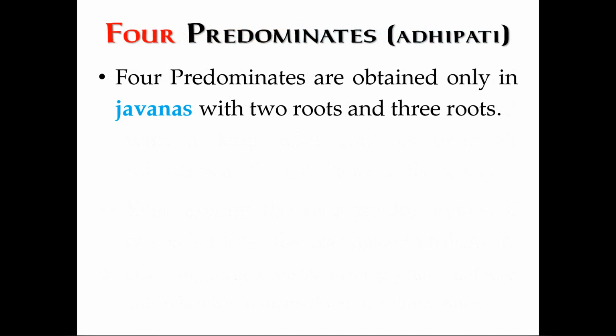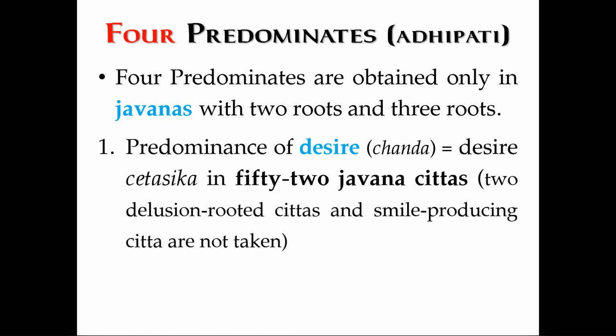Four predominances are obtained only in javanas with the 2 roots and 3 roots. Actually, we have learned about this in the 7th chapter. So we have 4 predominances. Number 1, predominance of desire, chanda. This desire is not a normal desire, it's predominant.